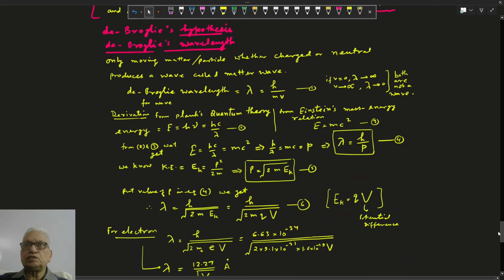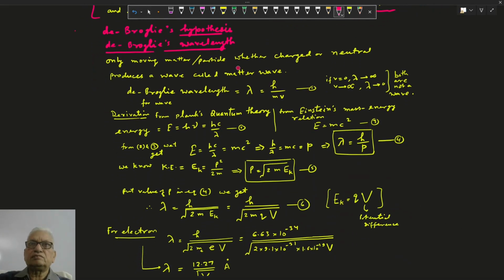Now, wave has dual nature: particle nature as well as wave nature. De Broglie suggested particle must have the same dual nature also. Particle is particle, but it is producing a wave called matter wave. As per the de Broglie wave, lambda is h upon mv, where mv is the momentum.